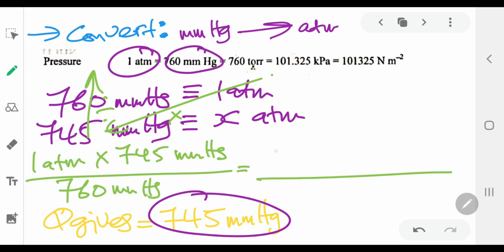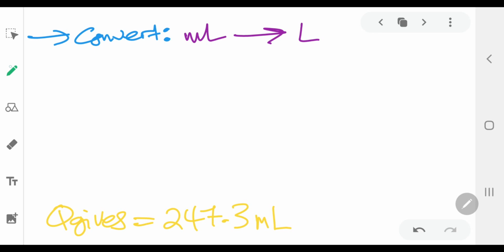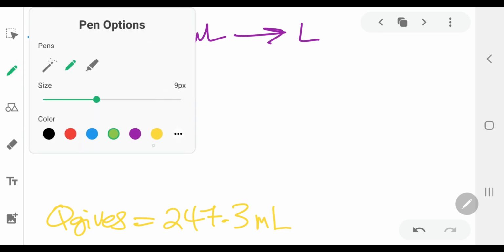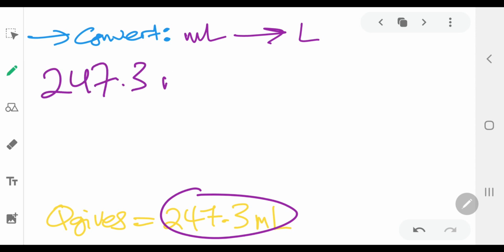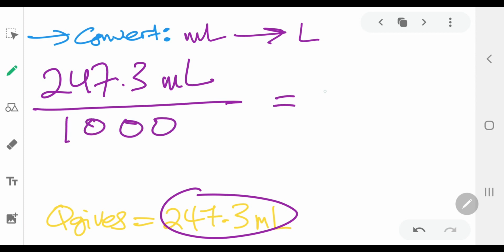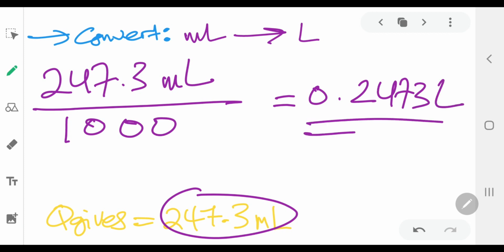Then you get 0.9803 atm. What about the volume? The question gives 247.3 milliliter. Divide by 1000, you get 0.2473 liter.